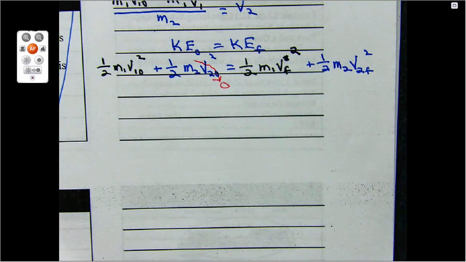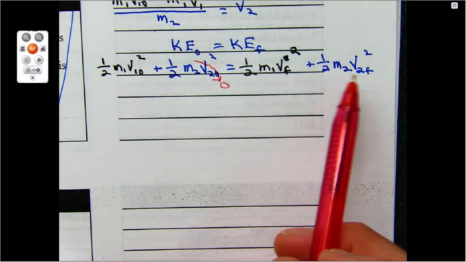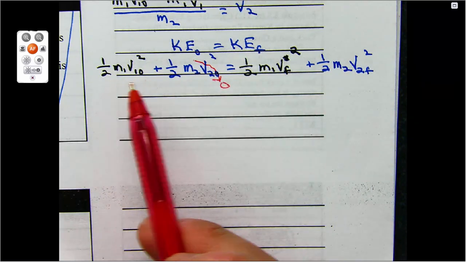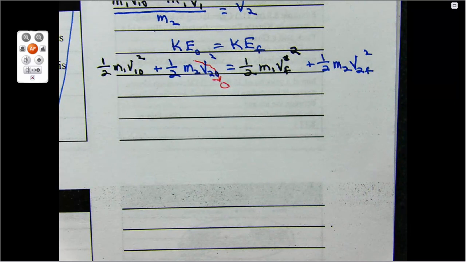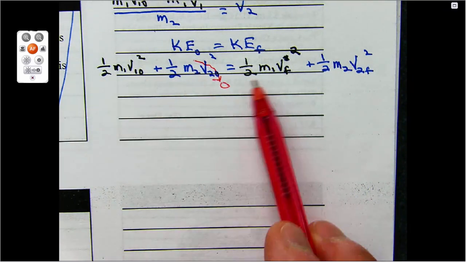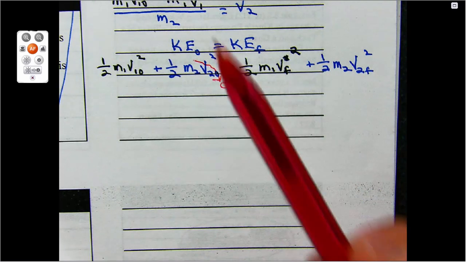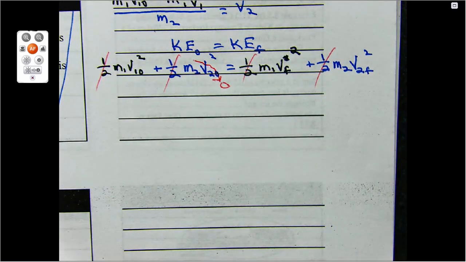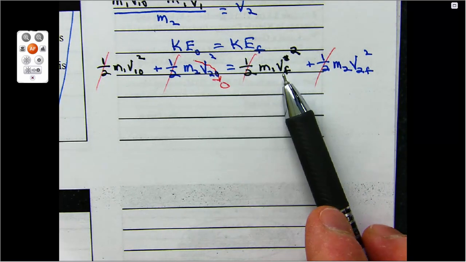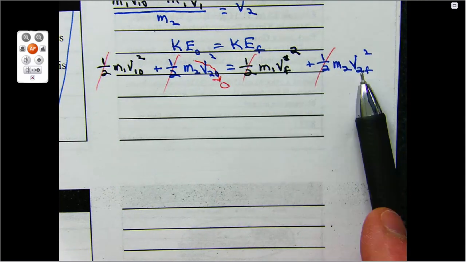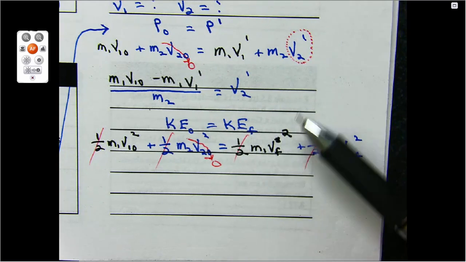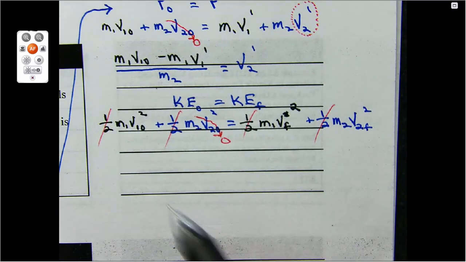What else can we do to clean this one up? We multiply through by 2, or divide by 1/2, we get rid of all those, right? We've got a 1/2 in every expression. Now, with kinetic energy, they use the finals, but it's the same thing as the primes. So I'm just going to rewrite this.